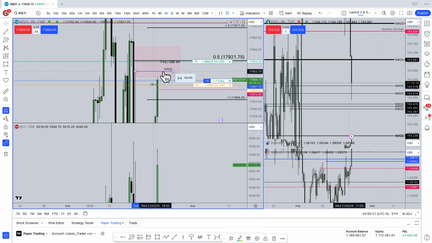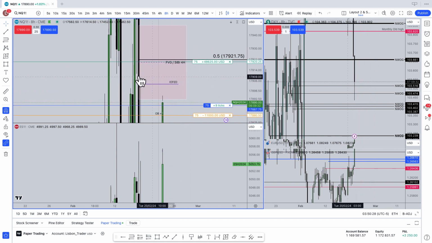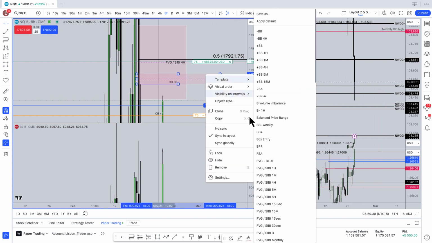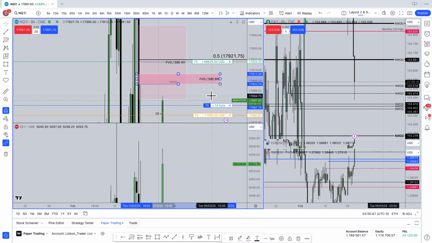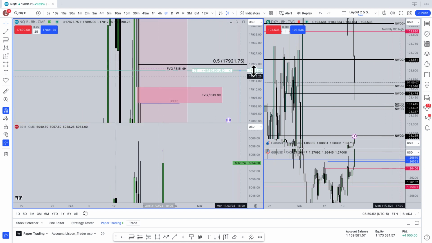So this previous institutional order flow might be tagged, run through, closing this tiny 8-hour imbalance there. This is sell side on an 8-hour basis, and closing it, coming above, and this is the level I'm interested in.